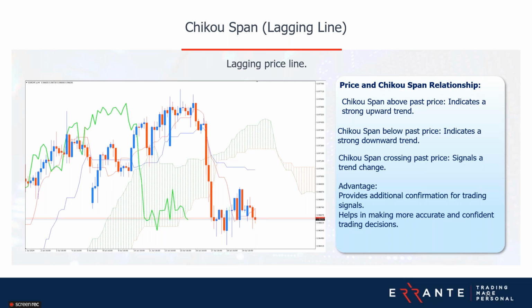So if you understand Chikou Span very well and you learn how to use it in your analysis, you can leverage this powerful tool to enhance the accuracy and efficiency of your trading decisions, because it gives you another aspect of the market analysis and another dimension of the market that you can incorporate into your analysis. So you will be able to measure the market momentum, which is our final core point of all types of technical analysis: to gauge the market momentum and the price direction.